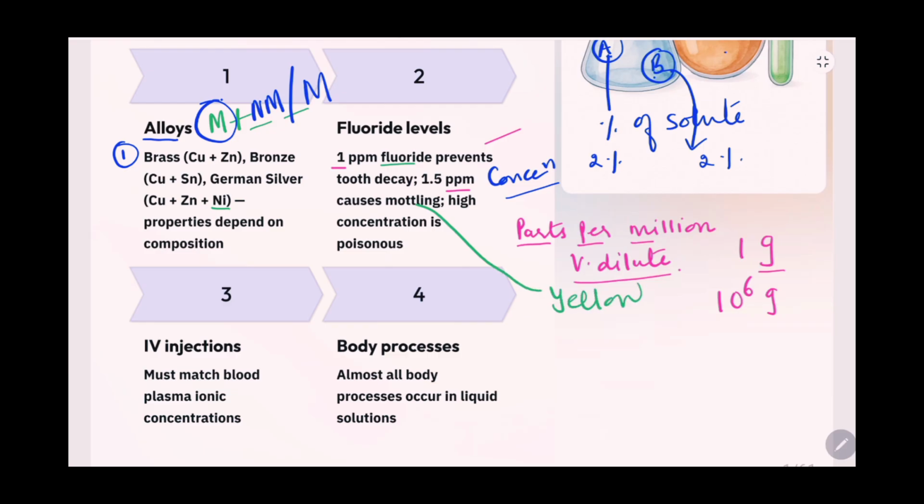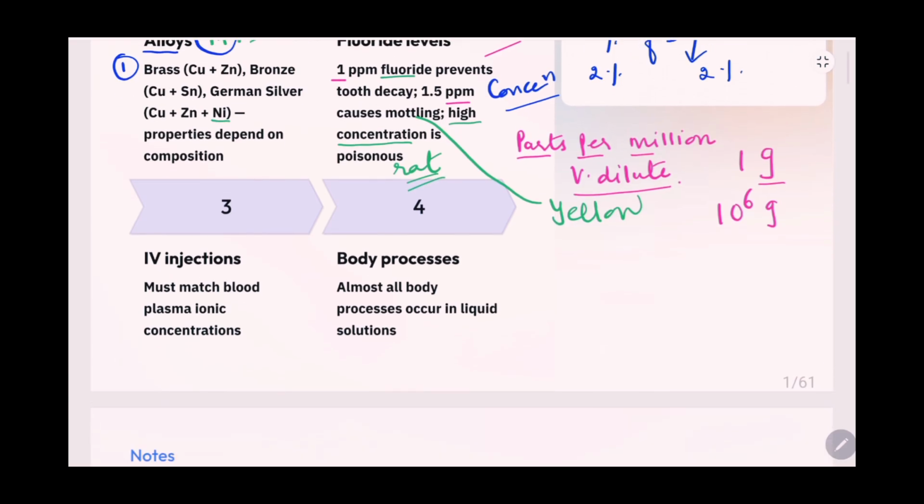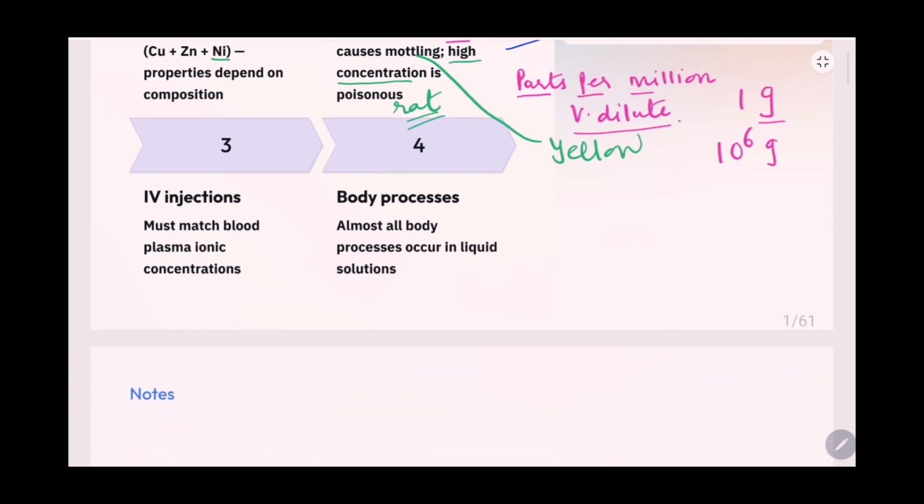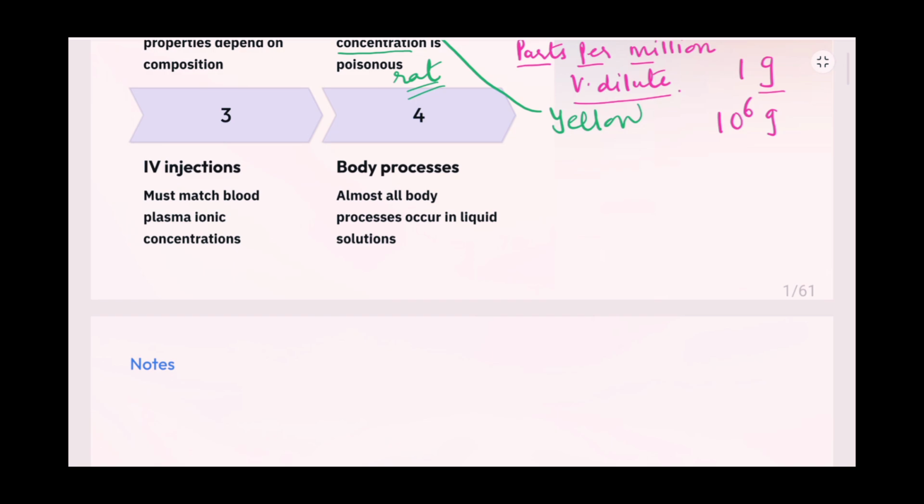Thirdly, they also talk about how if the concentration becomes higher than 1.5, it becomes a rat poison. So this is how we understand the importance of expressing the concentration. Also they talk about injections, when the doctors inject fluid inside the body.